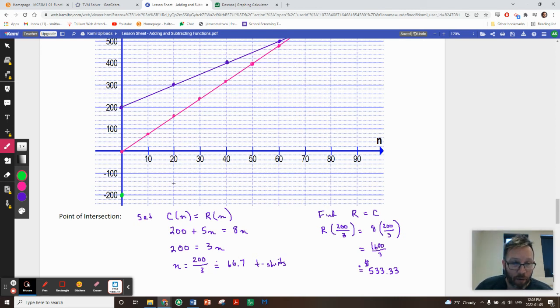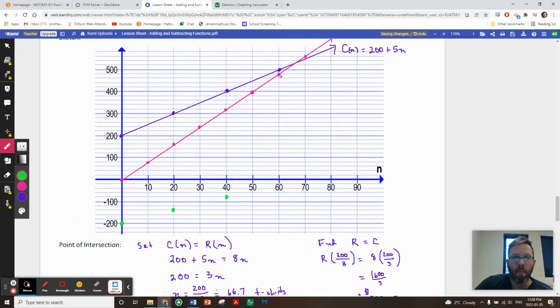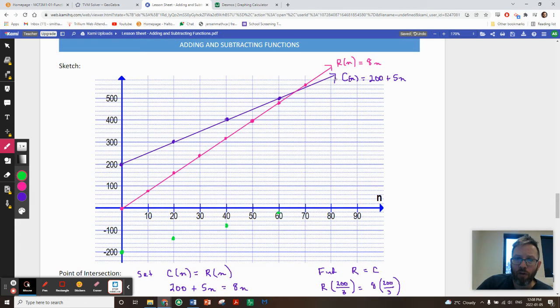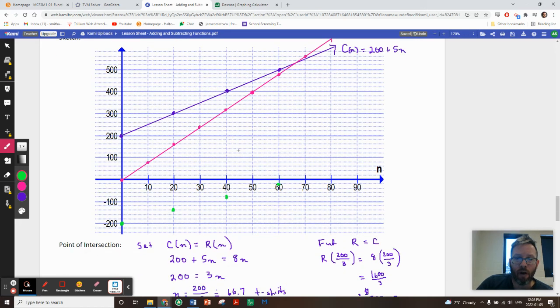That's negative 140. For an n value of 40, we have 320 minus 400. So that's negative 80. At 60, we have 480 minus 500. That's negative 20. And do we have any other values on the graph? We don't exactly have any other values on the graph.